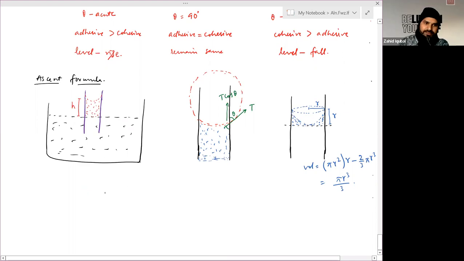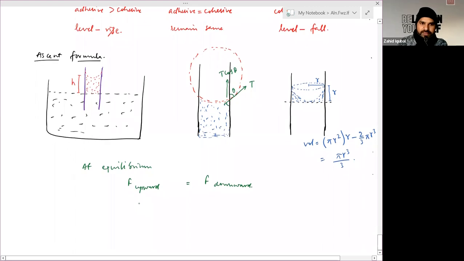So at equilibrium, total force in upward direction must be equal to total force in downward direction.